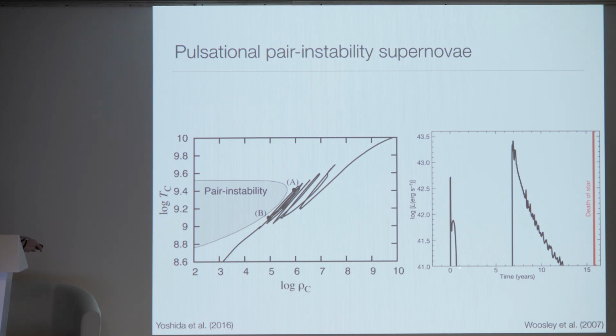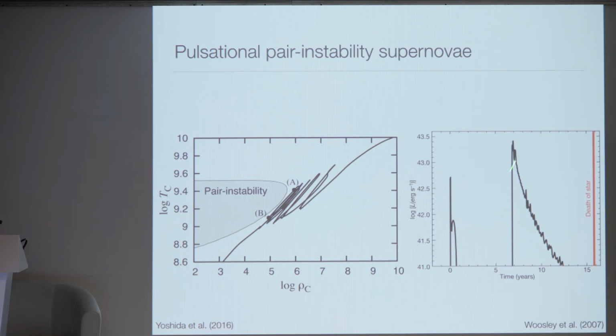So let's say at one time there will be some mass ejection because of this pulsation. And 7 years later, the next pulse happens, and this will lead to a bright transient. And in the end, after several pulsations, this star can just collapse.